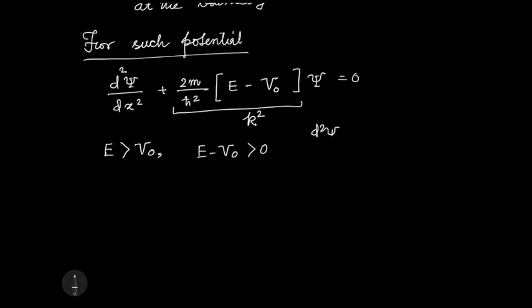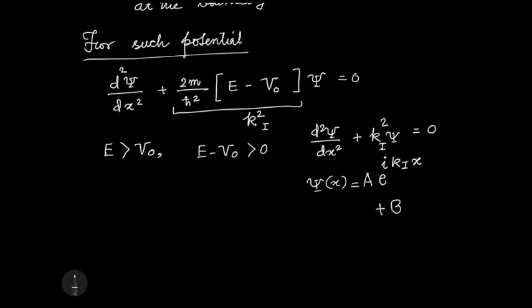Then this equation is just d2 psi dx2 plus k1 square psi equals 0. What is the solution? You know quite well that this psi will be some constant times e to the i k1x plus some other constant times e to the minus i k1x.